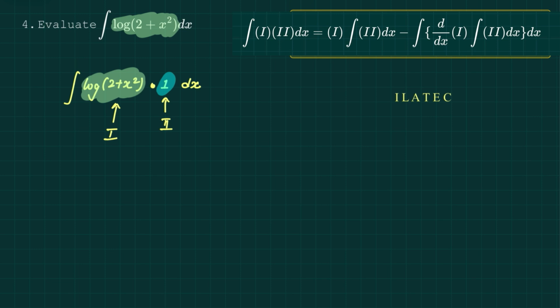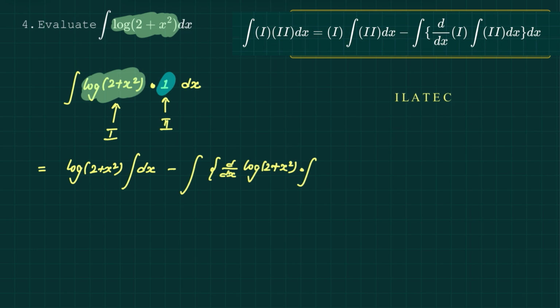So now again evaluating this using integration by parts, we will have first function and integrating the second function, minus integration of d/dx of first function into integrating of 1 dx.